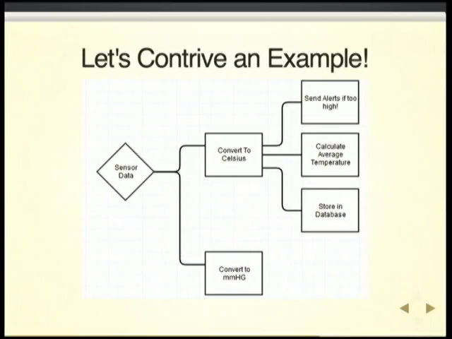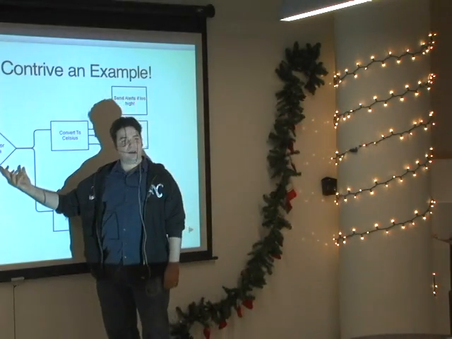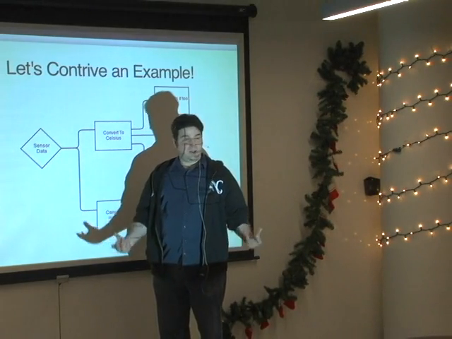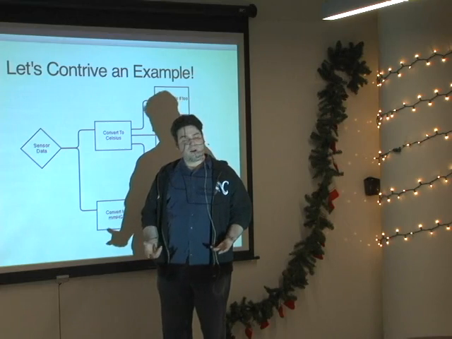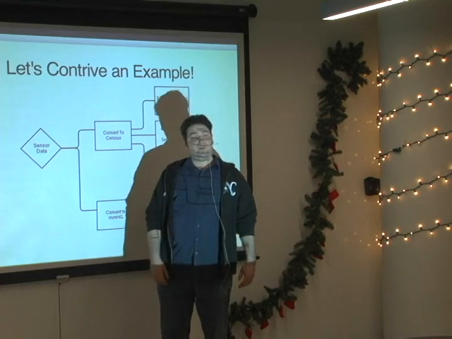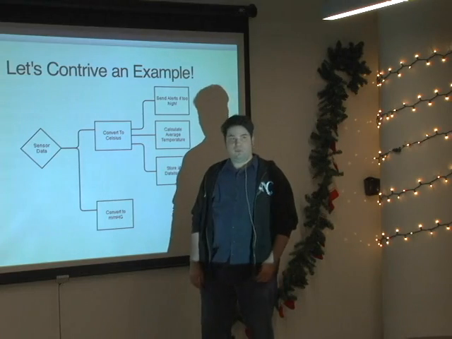I forgot to draw arrows because I forgot about the D in the DAG, but there are supposed to be arrows. When we imagine a topology, here we have a sensor, okay? And maybe the sensor is emitting two different kinds of data. It's emitting a temperature reading and also a pressure reading. Okay? And because this example is silly, it's doing it in Fahrenheit and atmospheres of pressure.